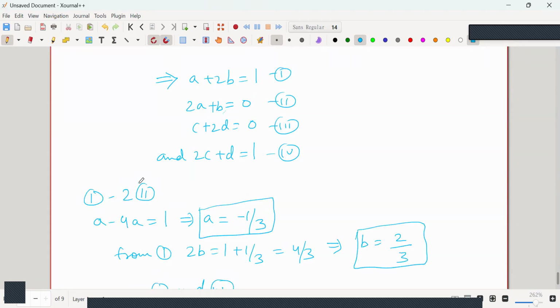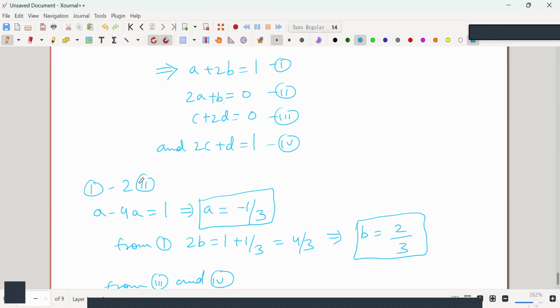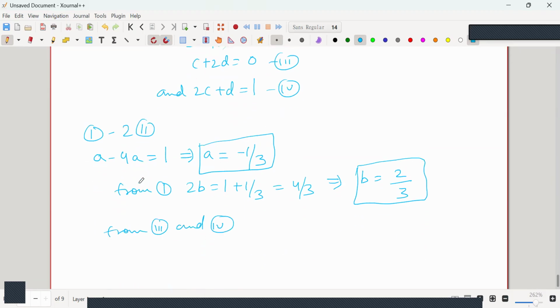So you can see that if you replace B by C and D by A, then these equations are identical as that. So C will be 2 by 3 and D will be minus 1 by 3.